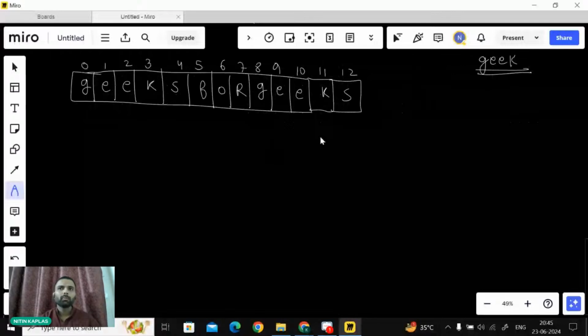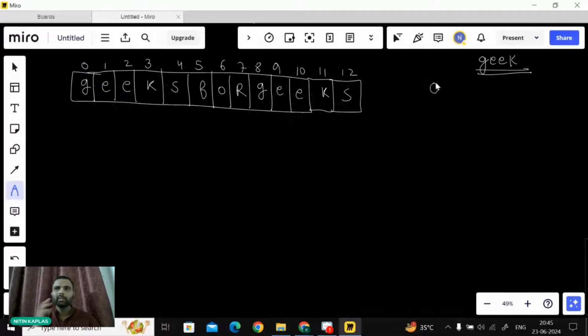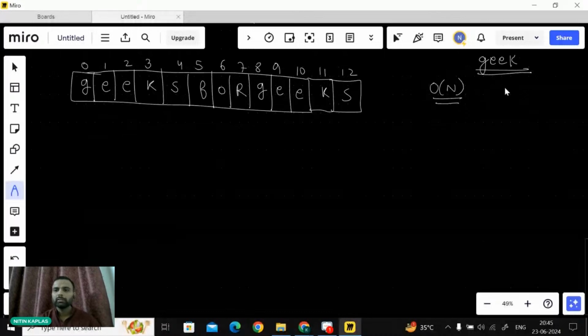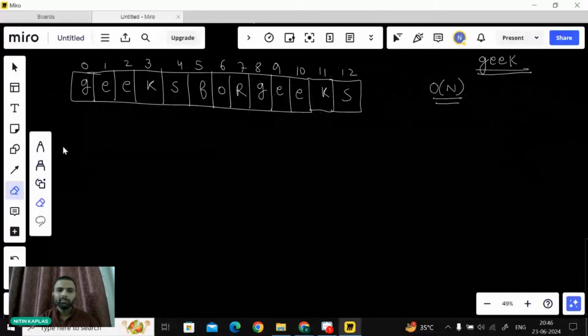Okay, so there are multiple solutions to solve this question, but the n square is not a suitable part, so we just have to solve this in order n. Now, how we can solve this? I know that we have four characters: G, E, E, K, right? Now, let me tell you how we can solve this.